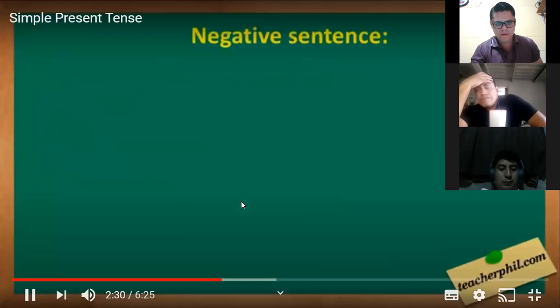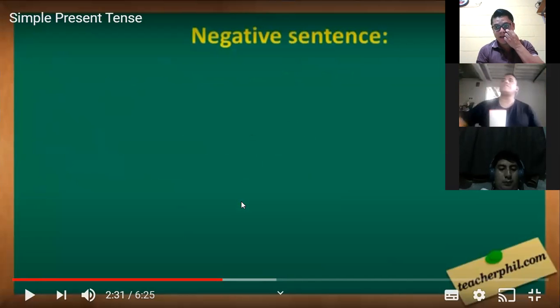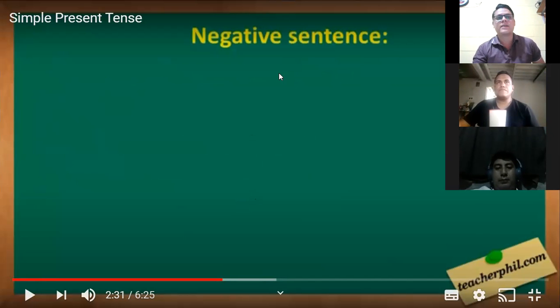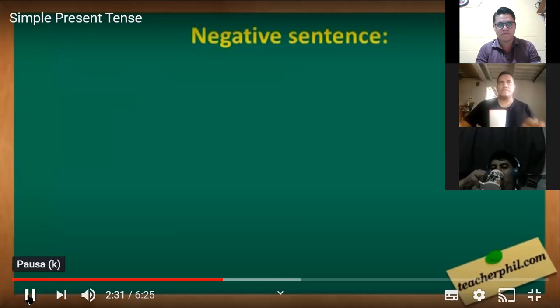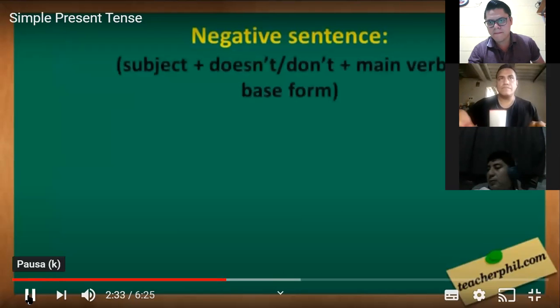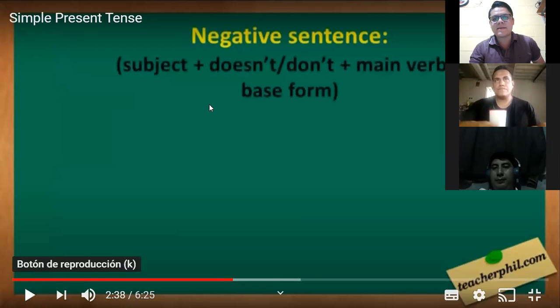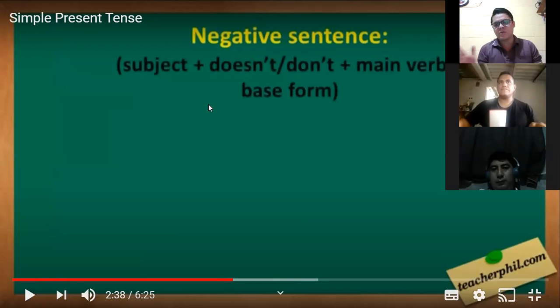For the negative sentence, okay, this is what we're going to take a look at today. Negative sentences, right? Using the simple present. Focus on this. The pattern is subject plus doesn't or don't plus main verb in base form. This is the pattern or the formula or structure, whatever you want to call it, for negative sentences.